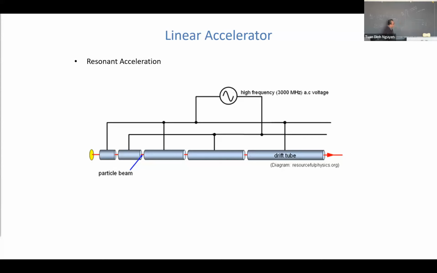So instead of changing the frequency to change the timing, you actually change the length to get the time. Okay, so first demonstrated in 1928 was 50 kilovolt potassium ions.